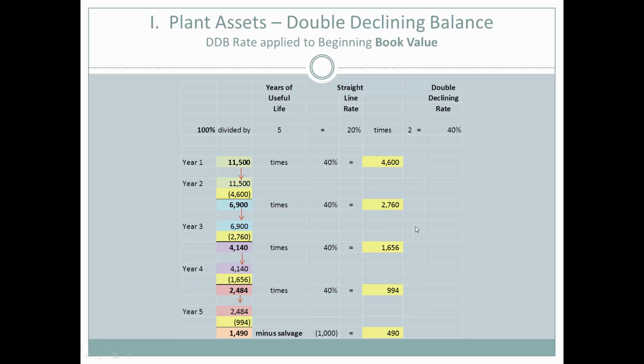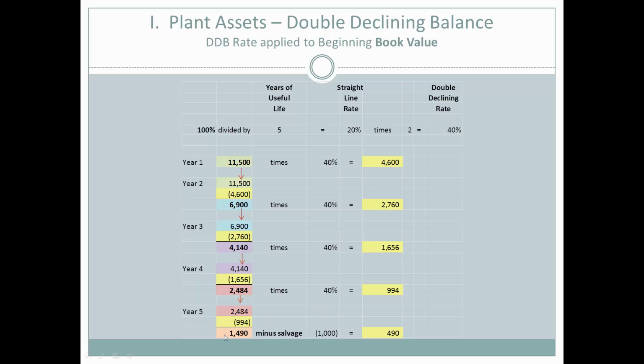And so then we'll calculate the current year depreciation, subtract that again from the beginning book value, come up with the new book value, multiply that times 40% and come down.